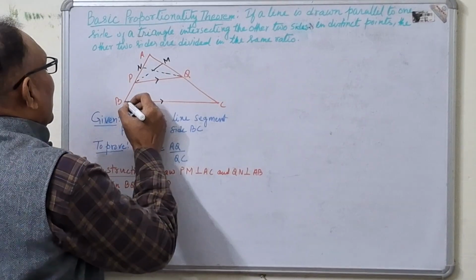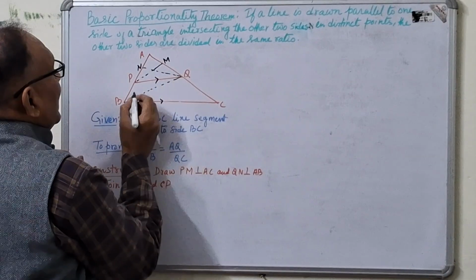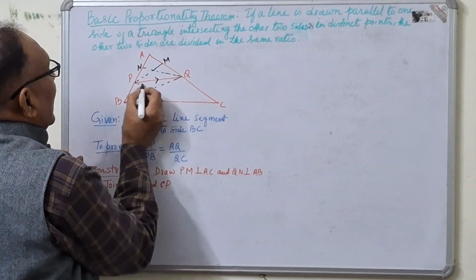We join points B and Q, and points P and C.